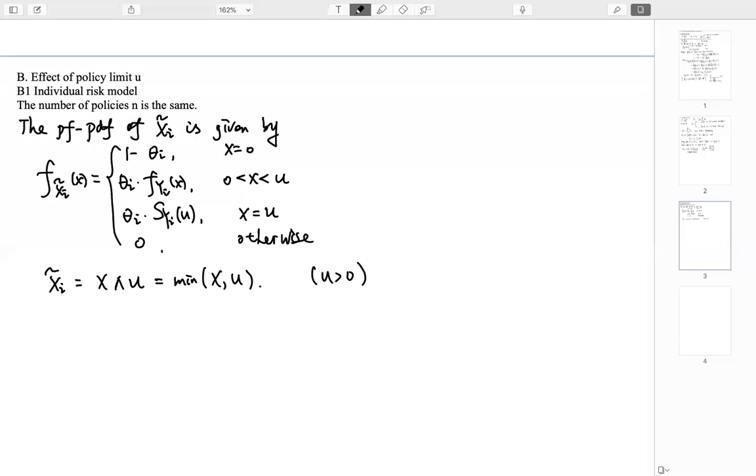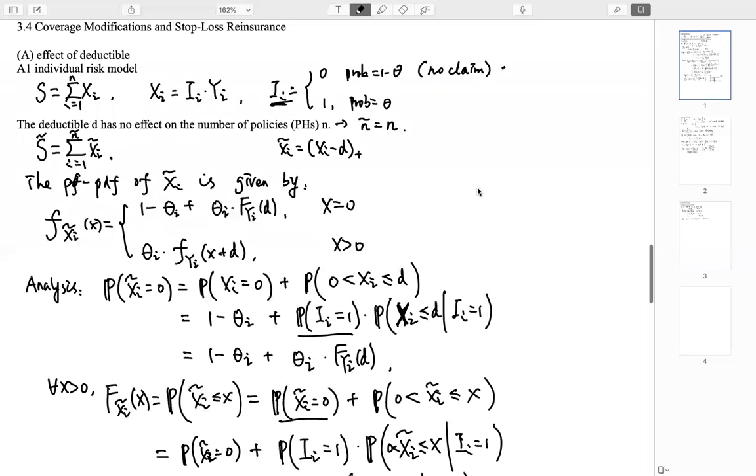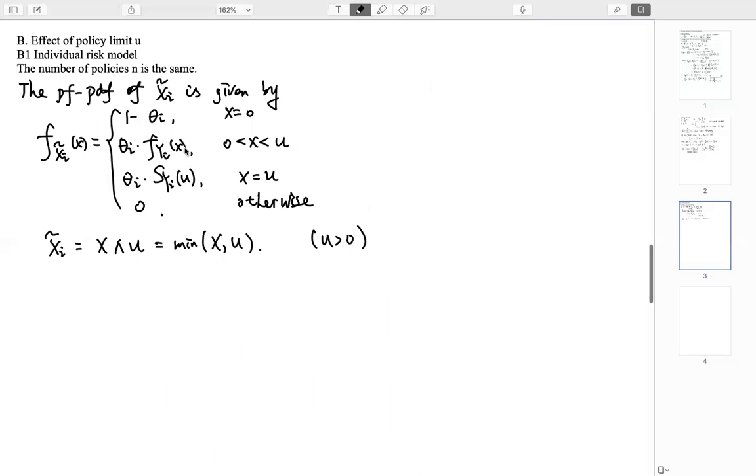It doesn't affect anything if your value is 0. So that part is the same. Next, if your value is less than u, it is still the same. So if you compare with what we used to have, we know it's the same for the first two pieces.